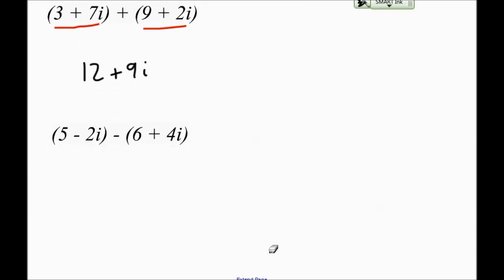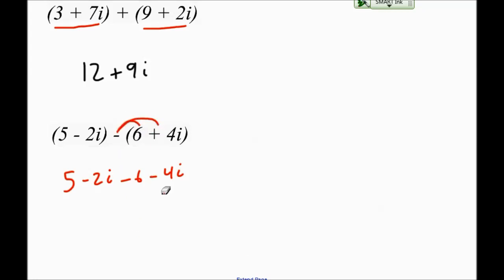Now, subtracting takes a little bit more effort. Here's what I'm going to do. I have 5 minus 2i minus 6 plus 4i. I'm going to treat this like distributing. So this will be the same as 5 minus 2i minus 6 minus 4i. I'm essentially distributing this negative to 6 and 4i.